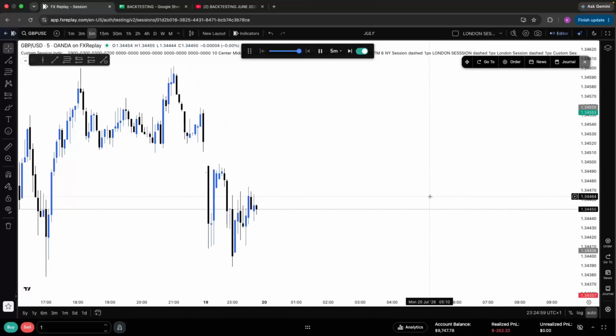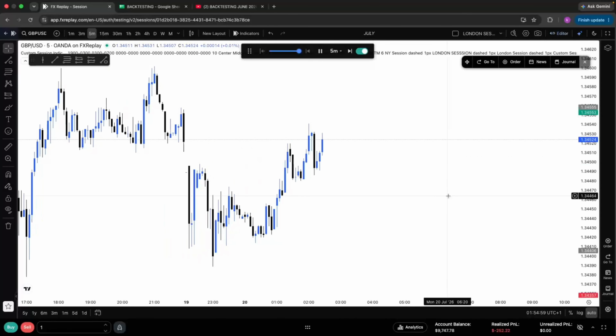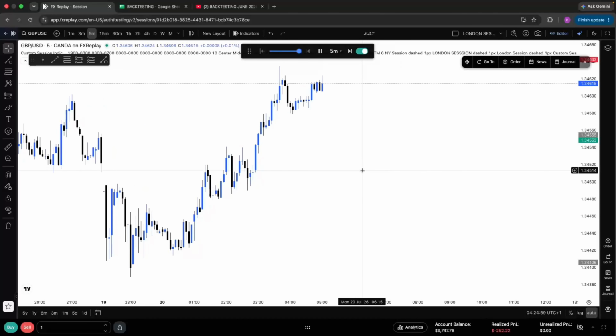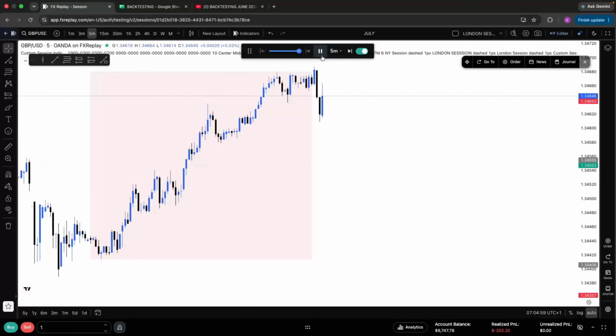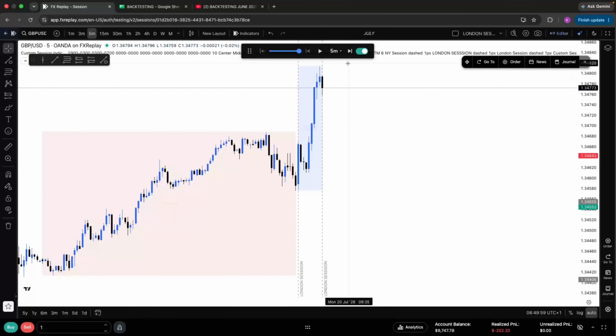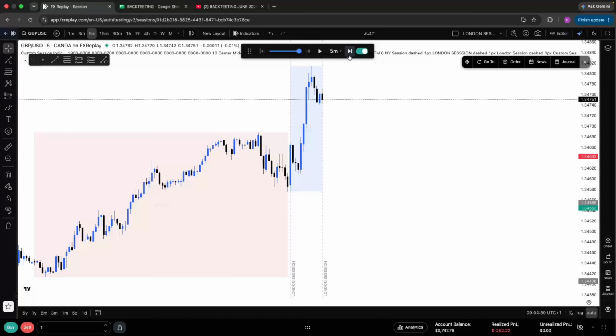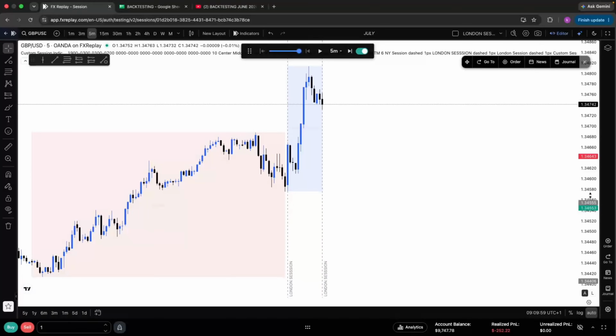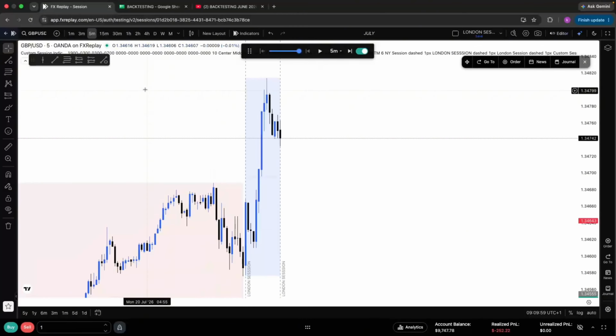Now we're at the last week. Yep, I had a feeling that was gonna happen. So break structure to the upside. Okay, we got break structure now.